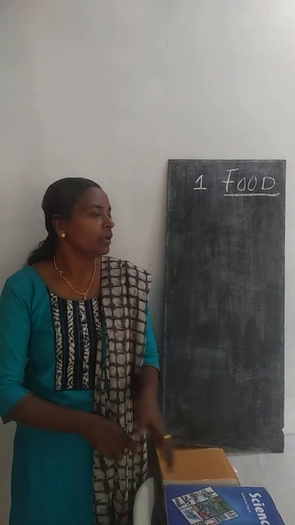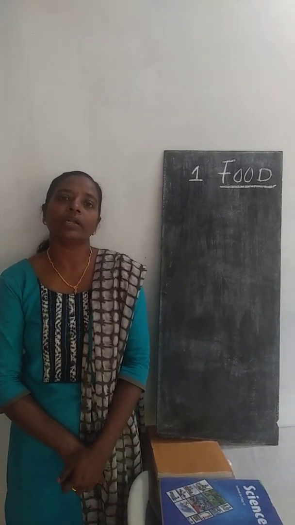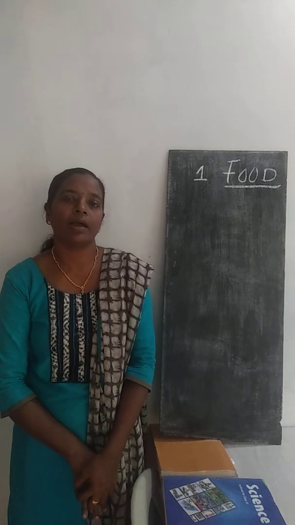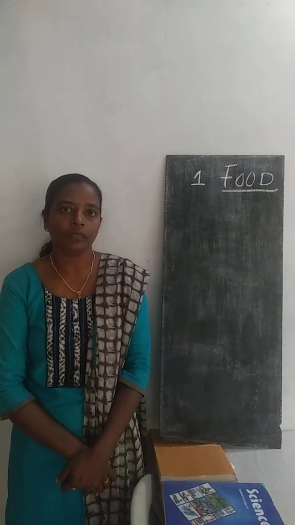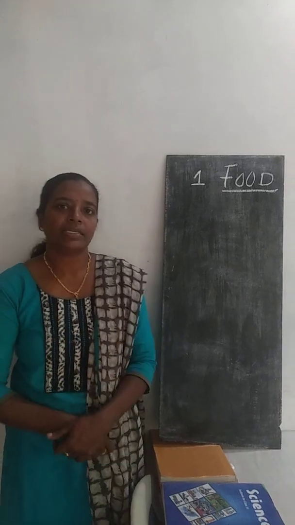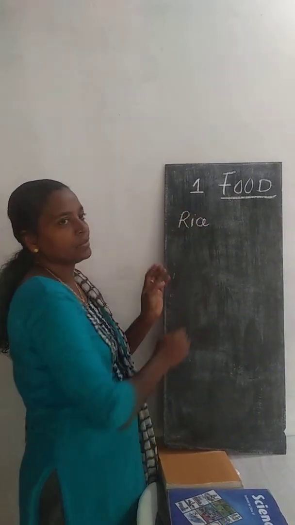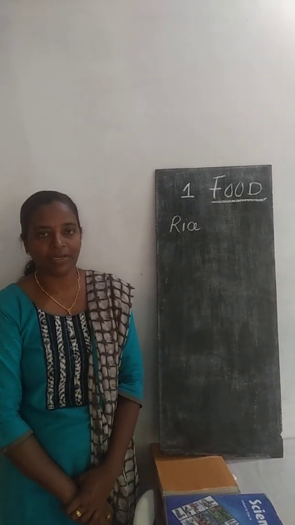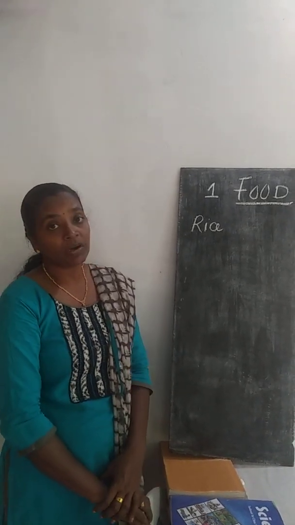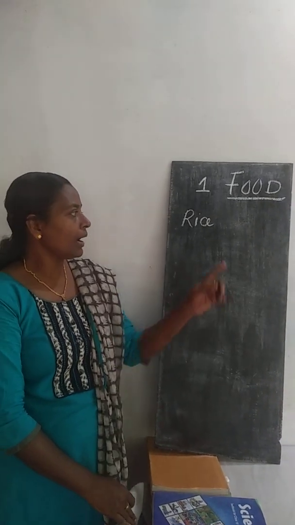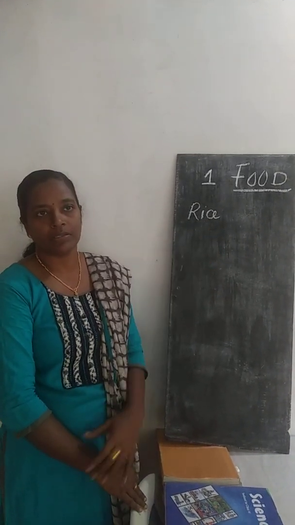In this lesson, we focus on the different items we add while we cook a food item. Let me take one example. Suppose we make rice. Rice is a food item. Can you say what are the different ingredients or items we need to add to make rice?